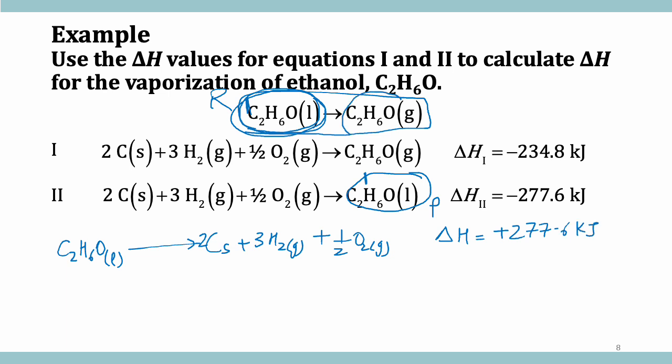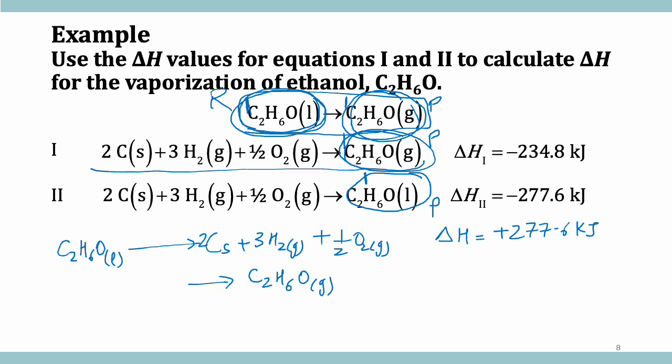Then I look at my second thing that I want in my reaction, C2H6O gas. Where is it? It is right here in the top reaction. I want it on the product side. This is already on the product side, so I don't have to flip it. I want 1. This is also 1, so I don't have to multiply with anything, which means I can rewrite this reaction as it is. So on the product side, what do I have?